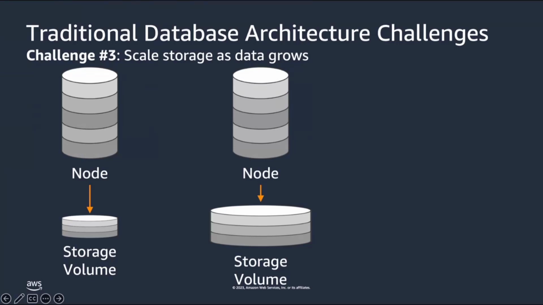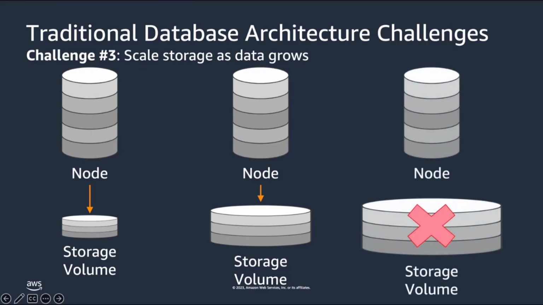Or if we're looking at, say, a self-managed database running in an Amazon Virtual Private Cloud, you could potentially need to resize your Amazon Elastic Block Store volumes, which again requires some intervention and is going to take some time to do. But either way, at some point, you're not going to have disks big enough to store your entire data set.